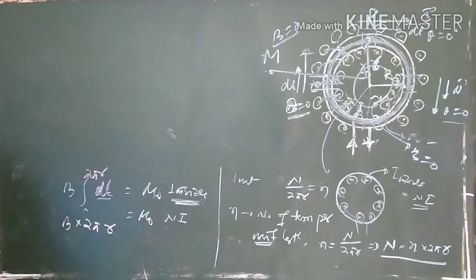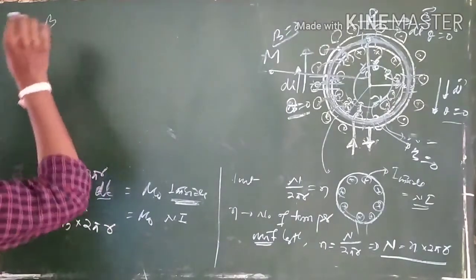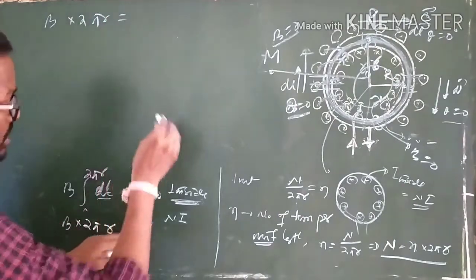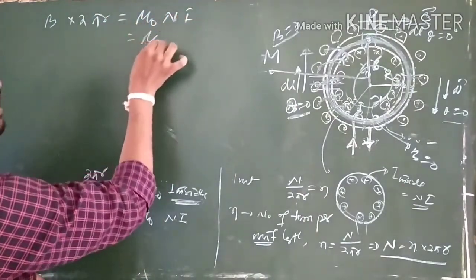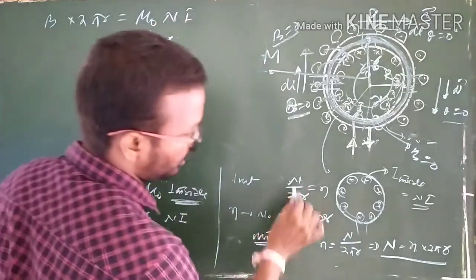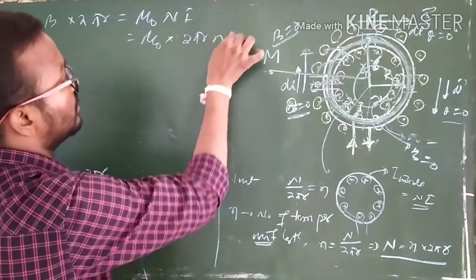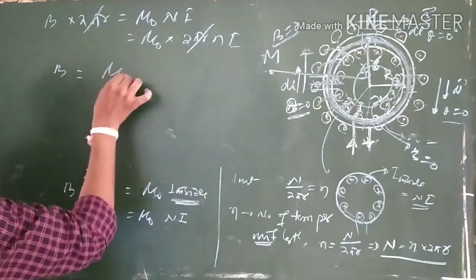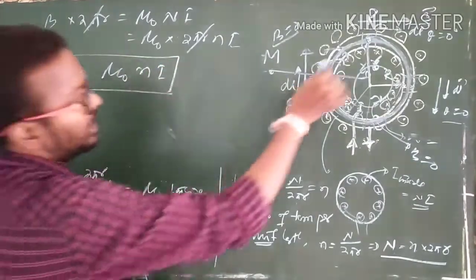So the relation can be written as B into 2 pi r equal to mu naught N I, and what is N? N equals n into 2 pi r. So 2 pi r into n I. Here the 2 pi r cancels. So B equals mu naught n I. So this is the magnetic field strength at point P.